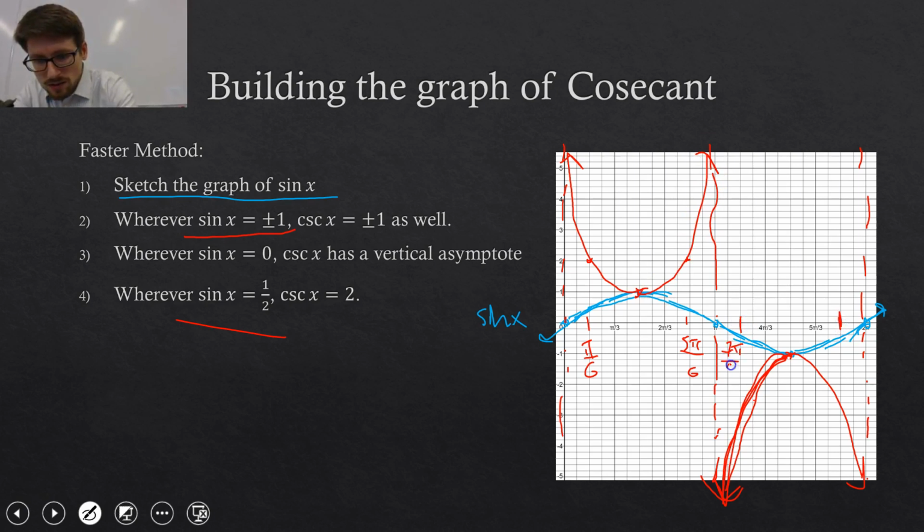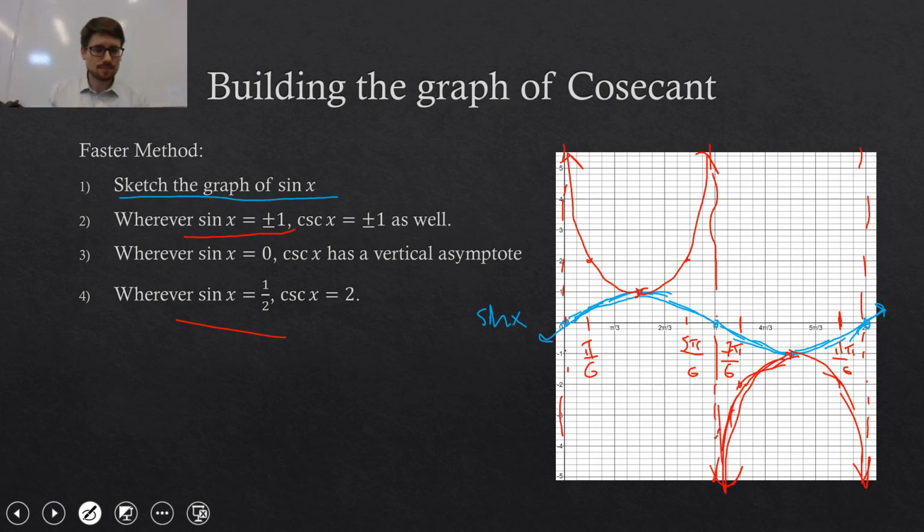We're going to get those guys as well. So let's go ahead and fit those ones in. We'll make our graphs a little prettier. So here we go. At 7 pi over 6, it's -2. At 11 pi over 6, it's -2 as well. So we're going to just get these guys going like that. Fantastic. There's the graph of cosecant.